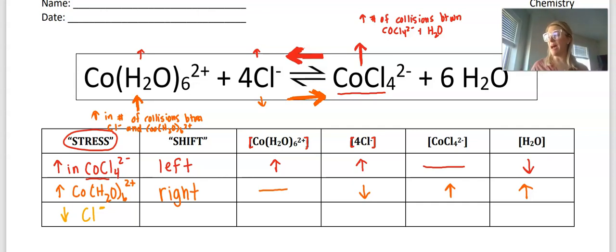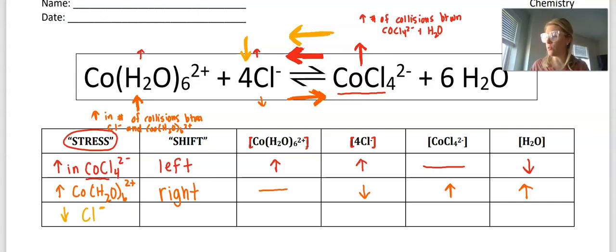So if I remove these chloride ions, then my system wants to make up for that and produce more chloride ions. So how do I produce more chloride ions? Well, you can increase the rate of your reverse reaction, right? If I increase the rate of my reverse reaction, then I will produce not only more chloride ions, but more cobalt water 6 2+ ions. So which direction then is that a shift in?